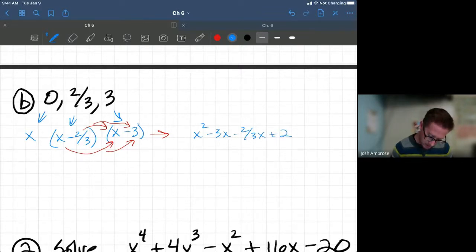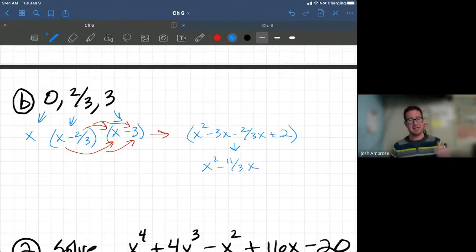Now let's simplify our terms. That's going to give us x squared minus 11/3 x, taking 3 and subtracting 2/3, and then plus 2.